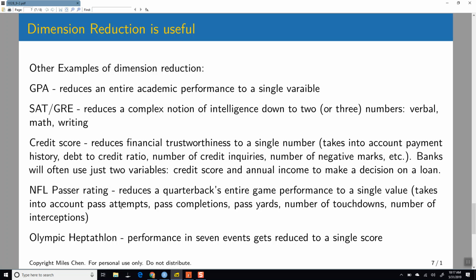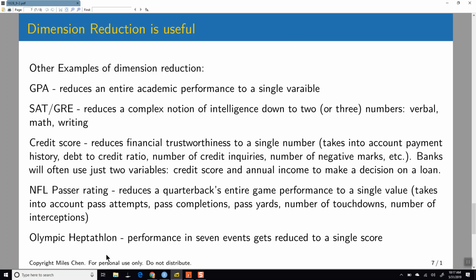Someone else might have a different style where they throw much longer passes with a slightly lower completion percentage. How do you compare these two different players? By reducing them down to a single number, you can compare them directly.